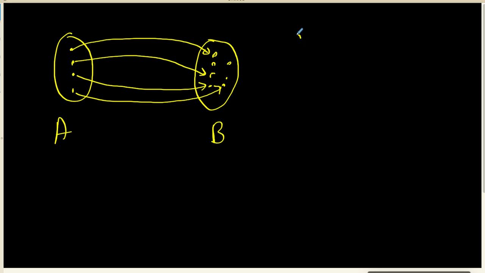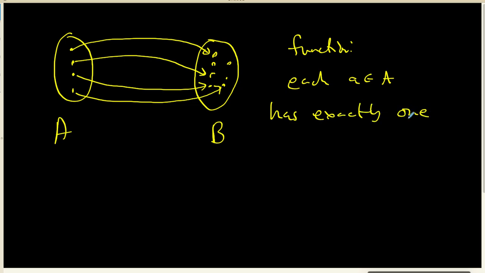But function means each a inside set A has exactly one outgoing arrow. So this would be another function.